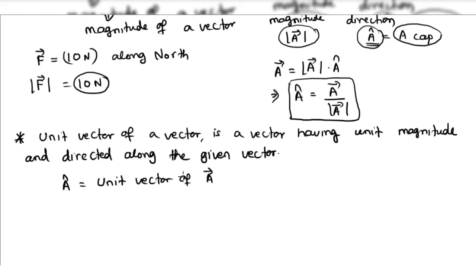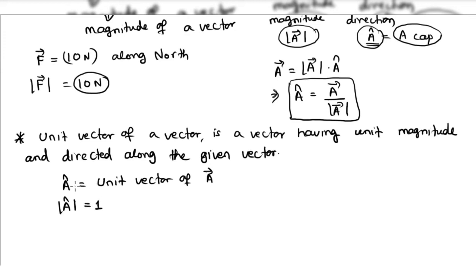And why is its name given as unit vector? Unit means 1. So A cap or the unit vector of A has magnitude 1. Remember that every unit vector has magnitude 1. It means if I write A cap modulus or A cap magnitude, this is equal to 1.